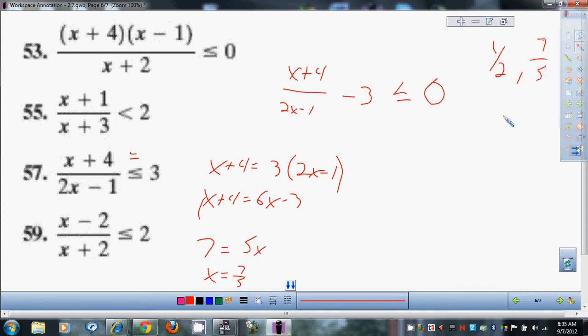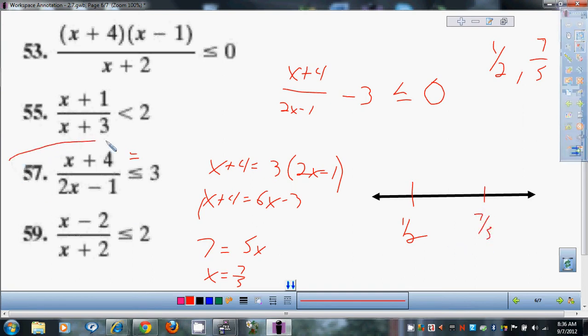Once you've got that, it goes right back to being just like everything else we've done. So my number line is going to go from 1/2 to 7/5, and you're just going to try it with this one, although on the ones where you have a low number, it doesn't really matter which equation you use.